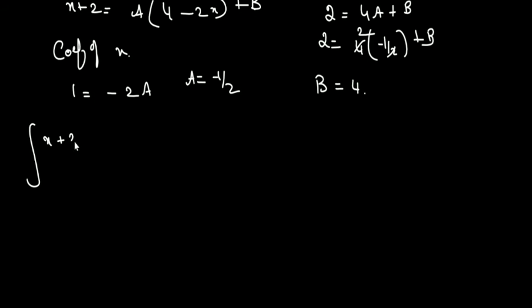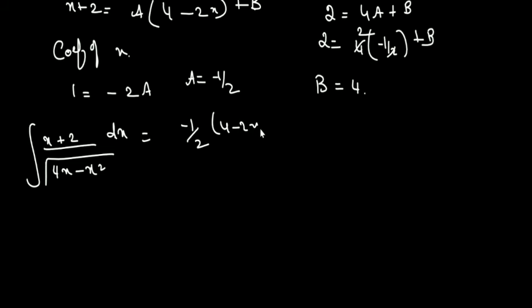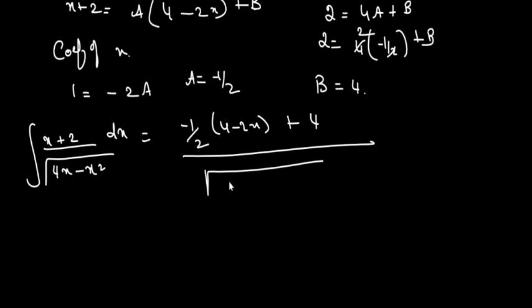The integral of (x plus 2) by root of 4x minus x square dx can be written as a, which is minus half, into (4 minus 2x), plus b, which is 4, by root of 4x minus x square dx. So the numerator is written like this.